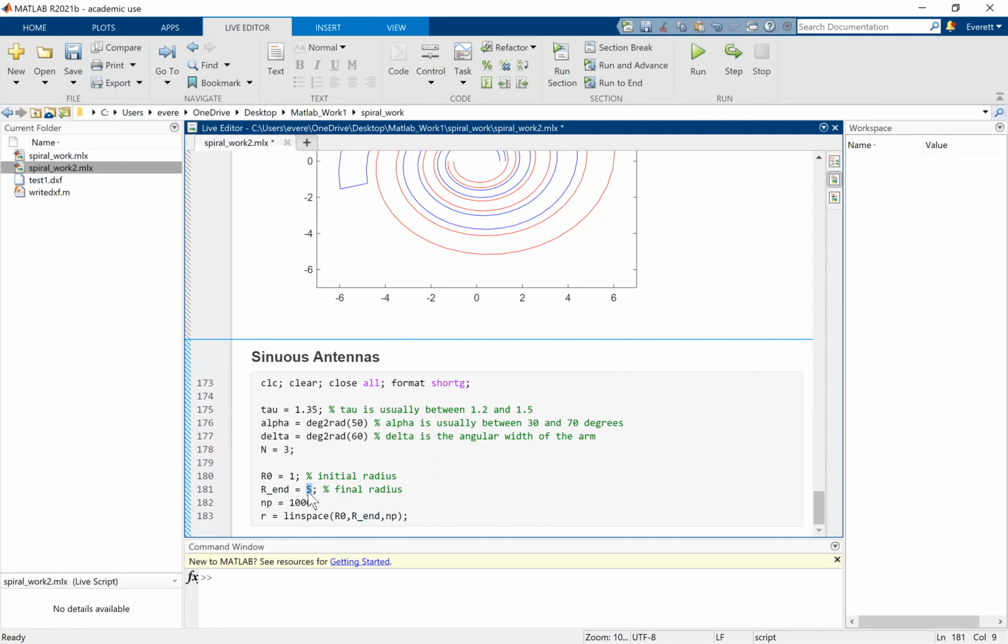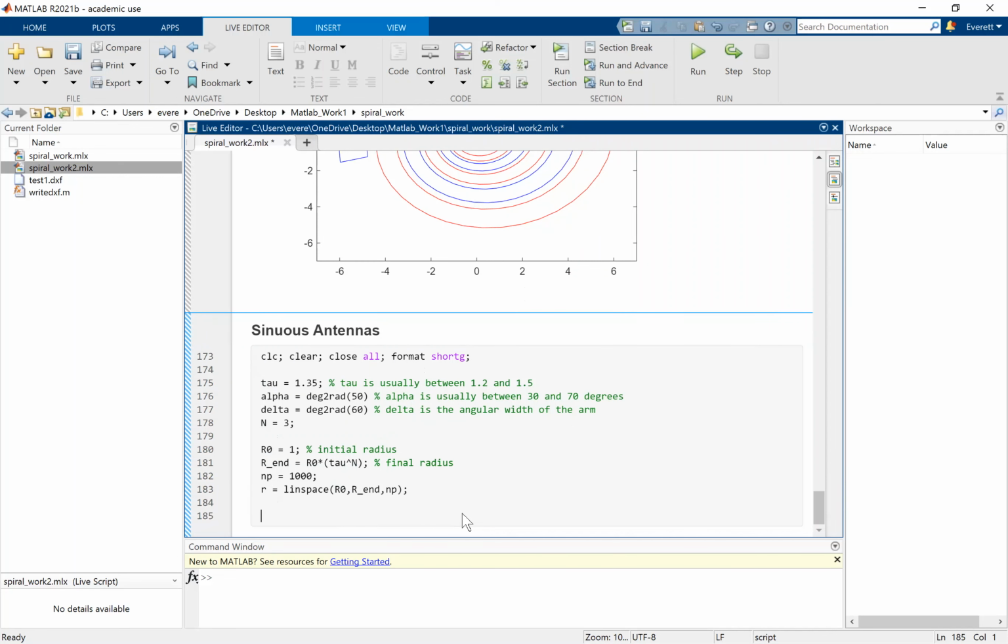It's actually R naught times tau to the capital N. So that's our final radius. Now that we have our R vector here, let's write the equation that's in the article.